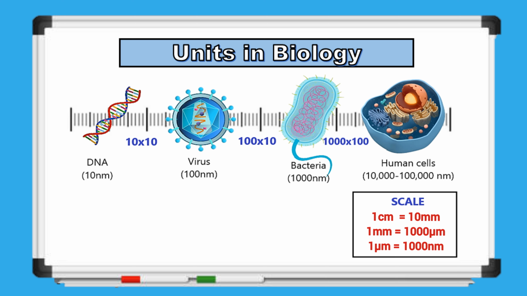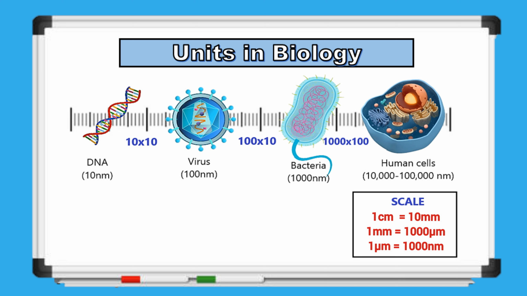With 100 times more magnification, a bacterium, around 1000 nanometers in size, becomes visible. Further magnification, up to 1000 times, allows us to see human cells, which range from 10,000 to 100,000 nanometers. Knowing these measurements is key for accurately seeing and comparing the sizes of these microscopic structures.